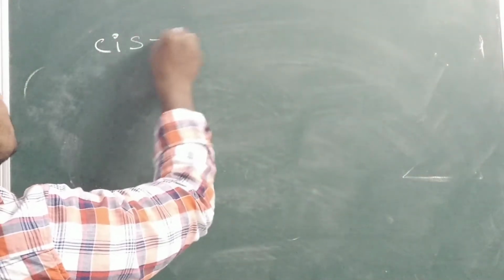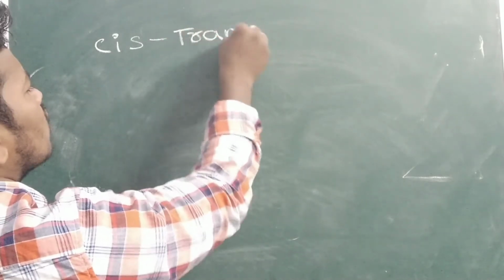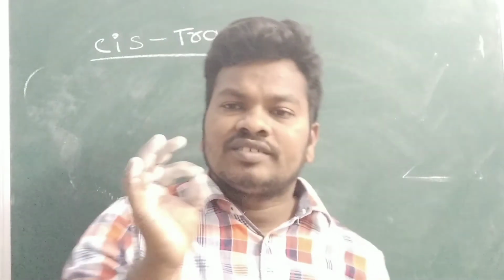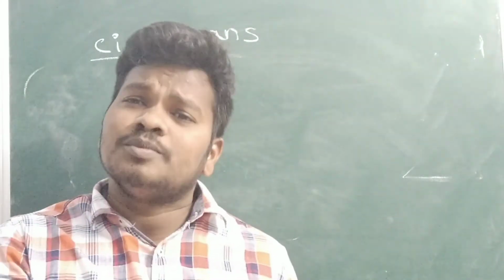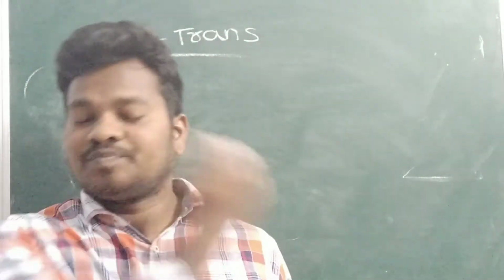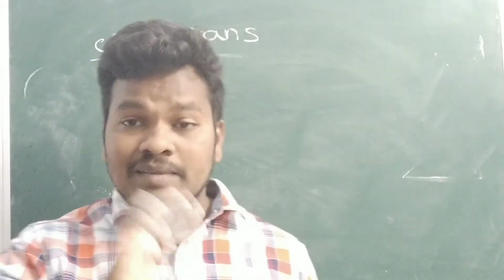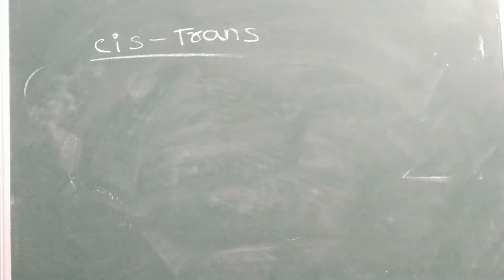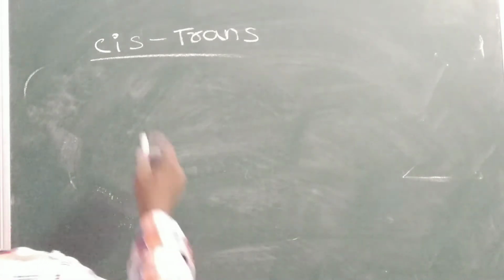What about the cis and trans isomers? Cis means same groups present on the same side. Trans means opposite side, cis means same side.